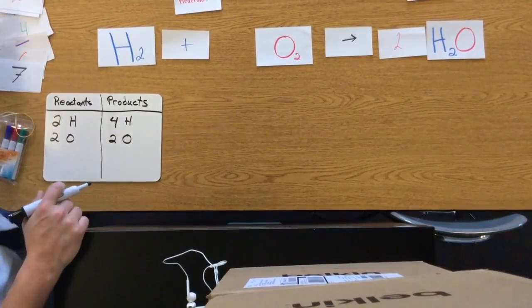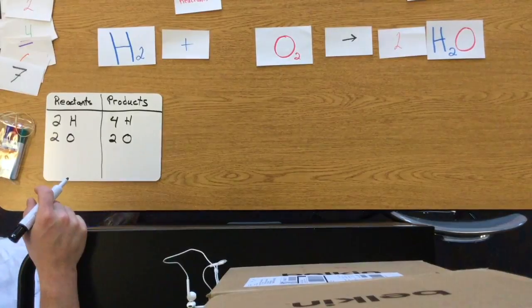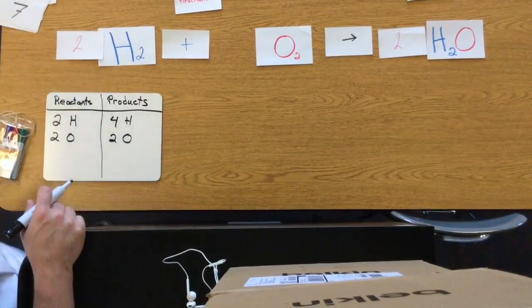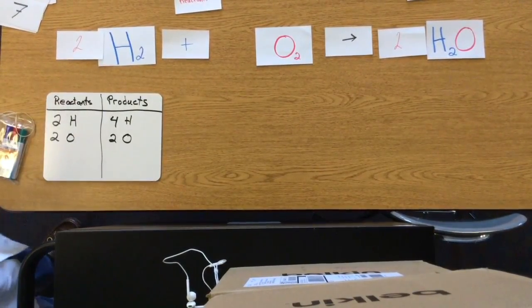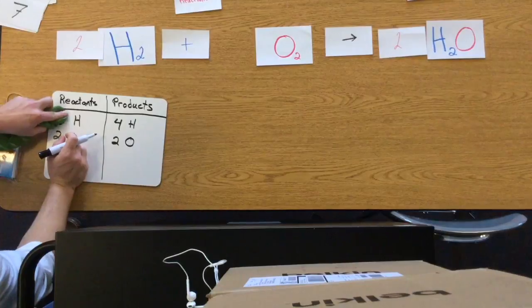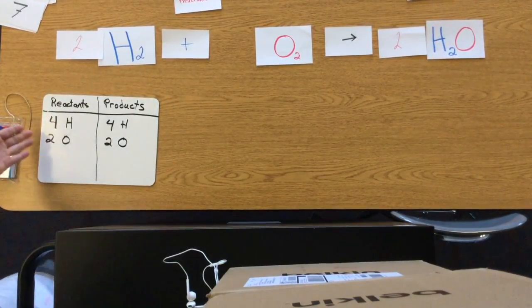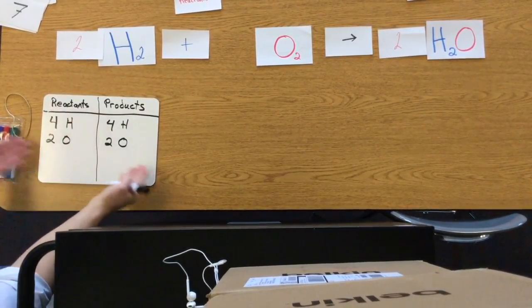Hopefully a bell rings in your head at this point that the easy fix would be to put a coefficient of 2 in front of H2. And now I can change this number over here to 4. As you can see on the notes, both the reactants and the products are balanced.